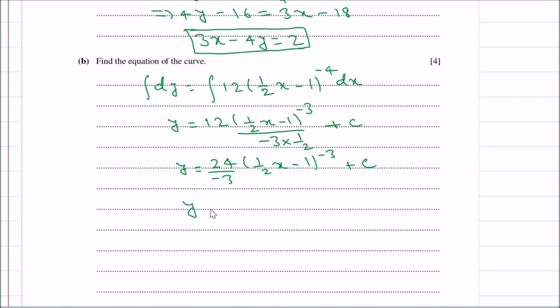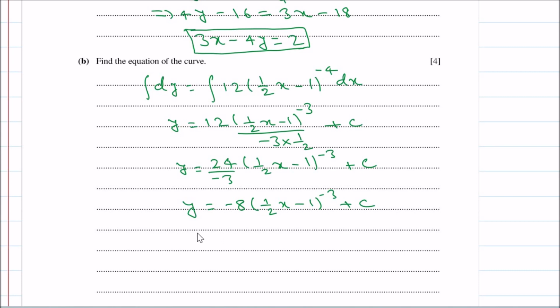So we get minus 8 times, we can write (half x minus 1) to the power minus 3 plus c. Now the integration part is done. Now we need to find the constant c.